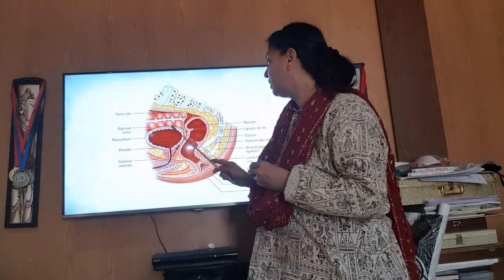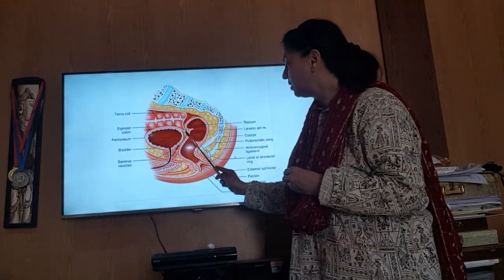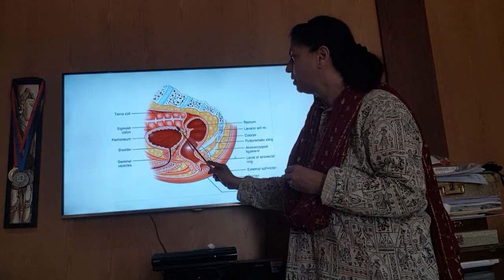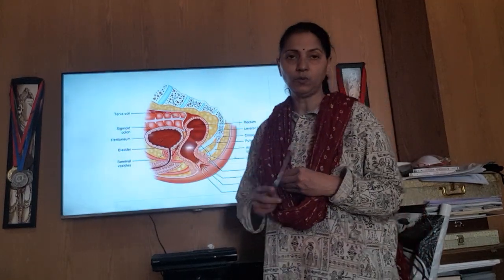But in the middle 1/3, only the anterior surface is covered. Loops of intestine are absent here, because intestines always have peristaltic movement, so the picture will vary whenever we take it. So the rectovesical pouch is a potential space.